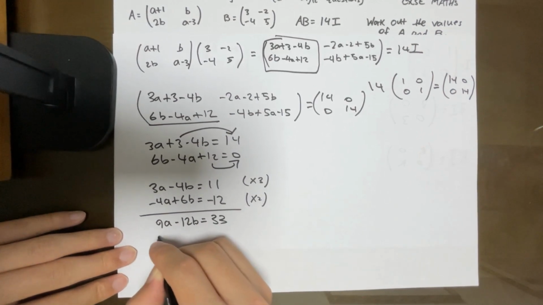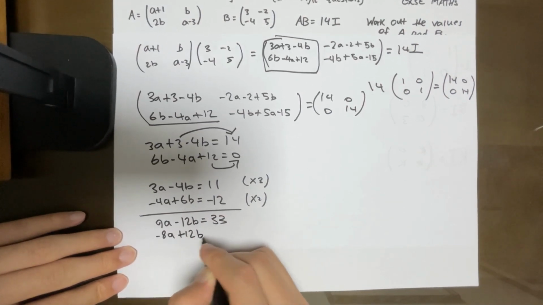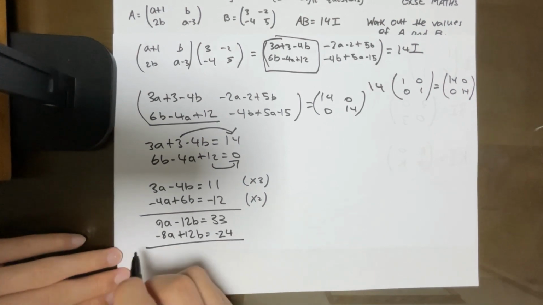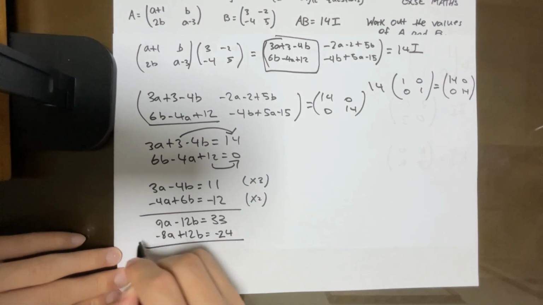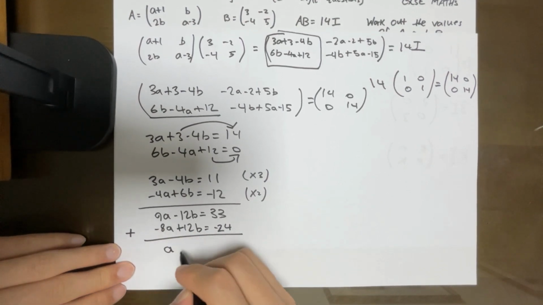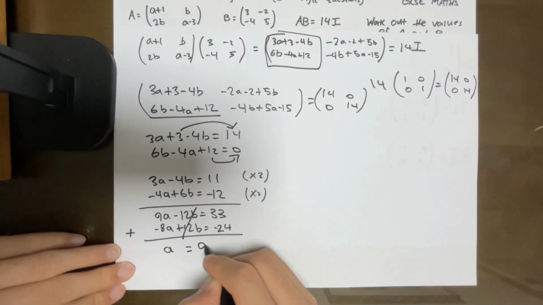Minus 4a times 2 is minus 8a, plus 12b equals negative 24. If we subtract, we're going to get minus 24b, so we should add. And adding, these b's cancel out, gives a is equal to 9.